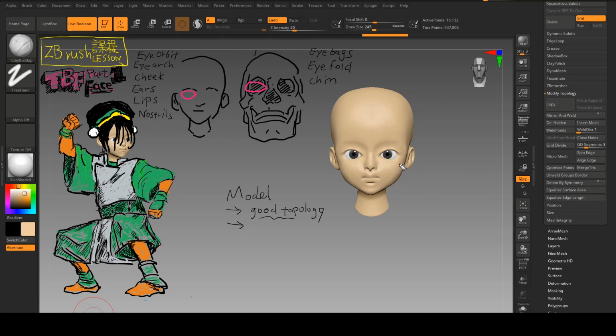And for that, maybe I did explain before how to get a good topology and so many techniques, but one of these is a polygroup in ZBrush, and then making some muscle flow.